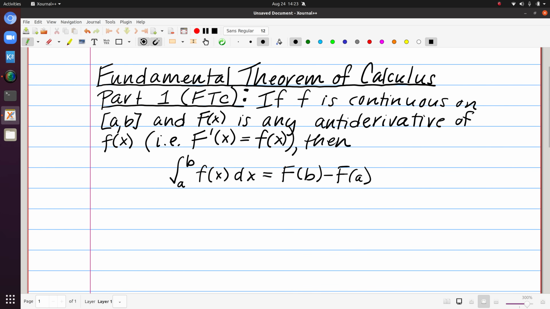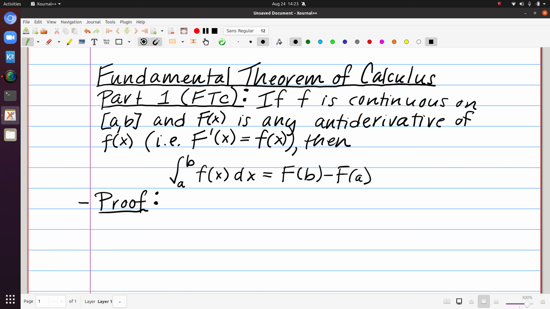So I'd like to spend a good bit of time really going through the proof of this. A common misconception is that this is the definition of the definite integral. And of course, we defined that in a previous set of lecture videos. One thing to consider is if you can think about the application of, say, area under a curve, it is clear why the Riemann sums we looked at last week would approximate that area.